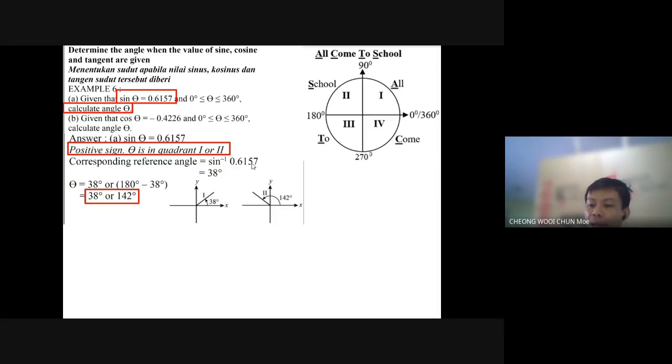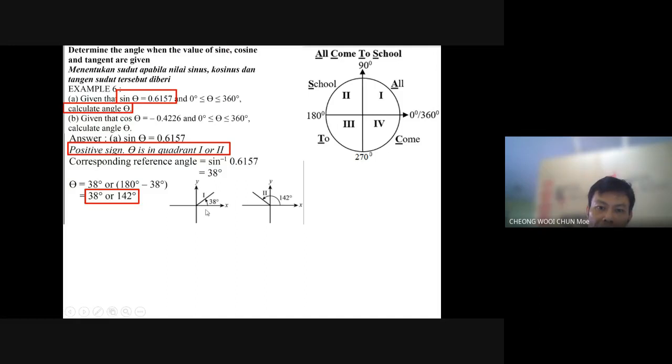Because it is 38.00, rounding off to the nearest degree, the answer is 38 degrees. That is for quadrant 1. To get the answer for quadrant 2, the corresponding angle to 38 is over here, so it is 180 minus 38, which gives 142.